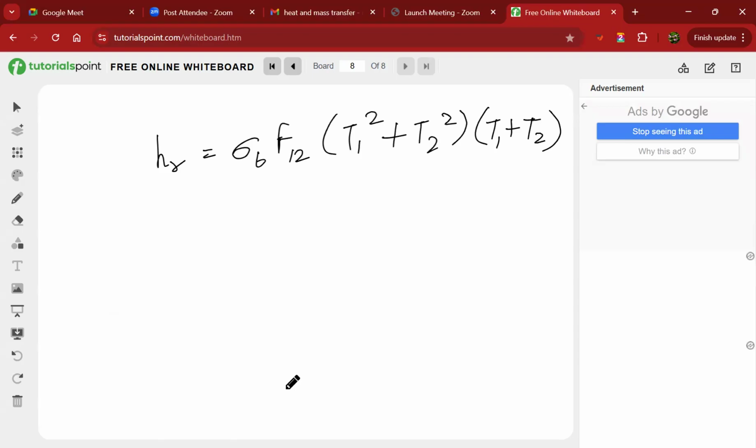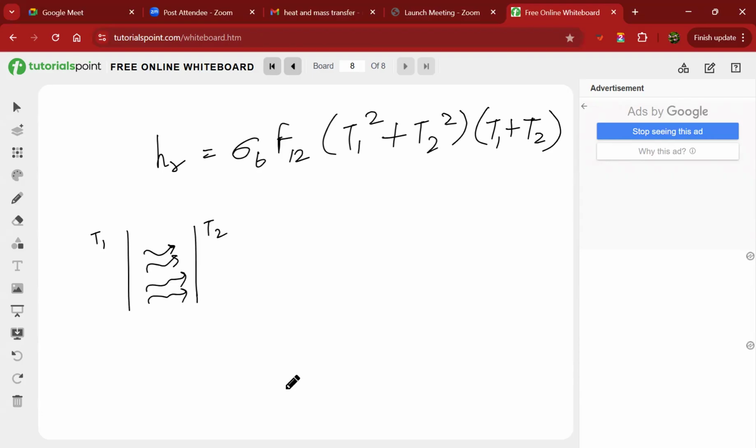What is this T1 plus T2 and T1 minus T2? Suppose from one particular surface at a temperature T1 to a temperature T2, heat is getting transferred via radiation mode.